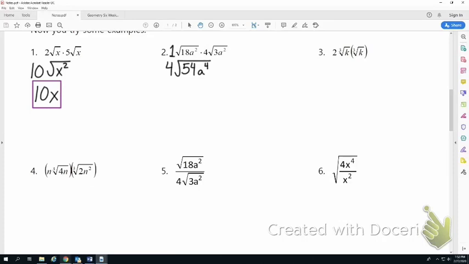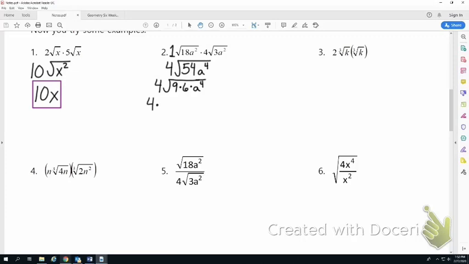So now I need to look at that number. What is the largest perfect square I can divide 54 by? 9. What is 54 divided by 9? 6. And then now, once I have that, I pull out everything that I can. The square root of 9 is?